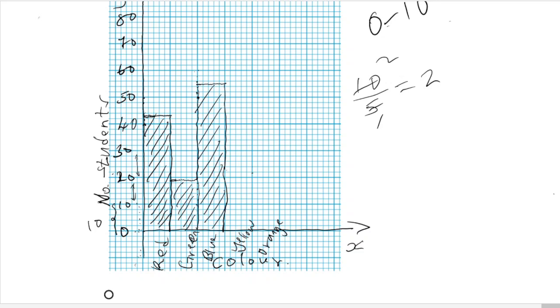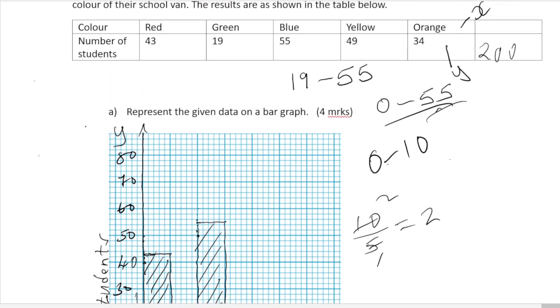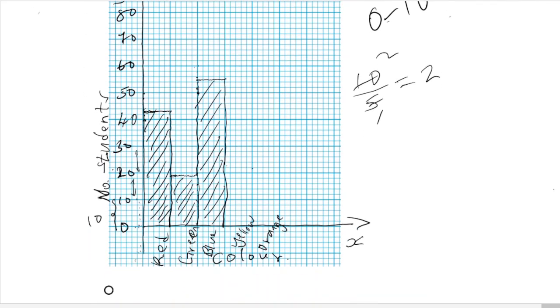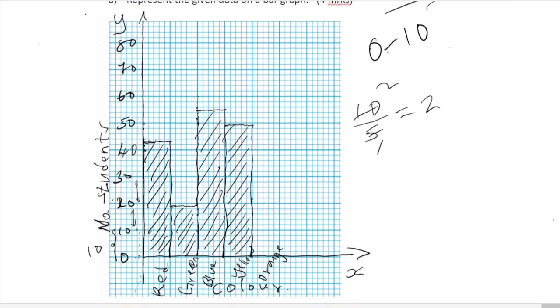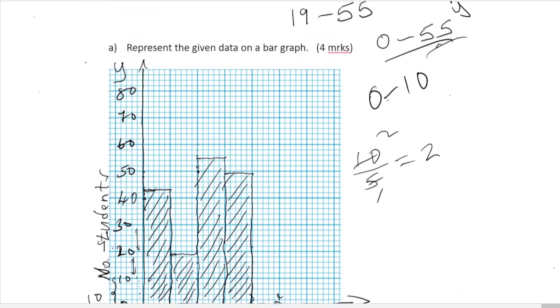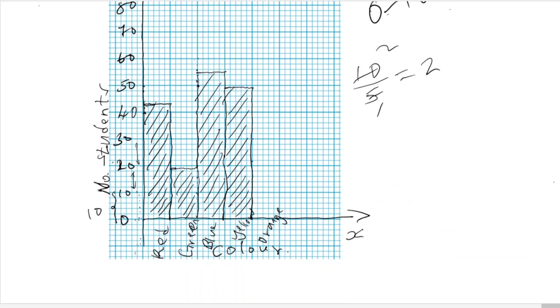Again, we move to the next one, that is yellow. Yellow is 49, which is between 48 and 50. Then we have orange, which is 34. So it will be 30, 32, 34, around there. That is for orange, and we are done with drawing the bar graph.